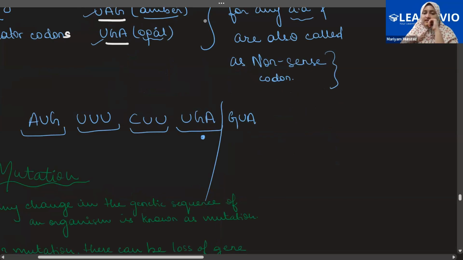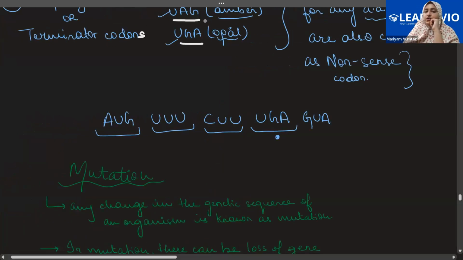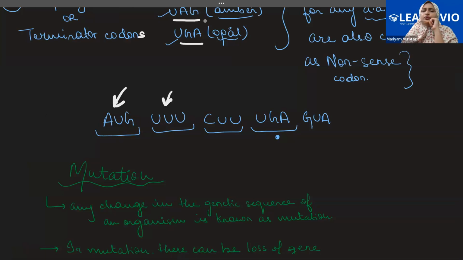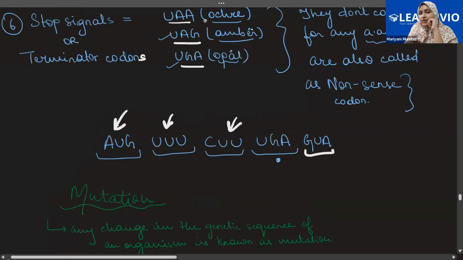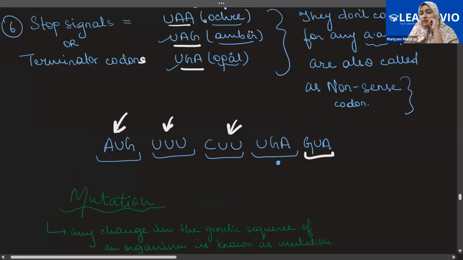For example, see, here I've written this particular set of codons. So AUG is the initiator codon, right? It starts the process. Then UUU will make phenylalanine. CUU will make something else. Now at the end, there is GUA. And second to it, meaning second last, is UGA, which is opal, one of the stop codons.